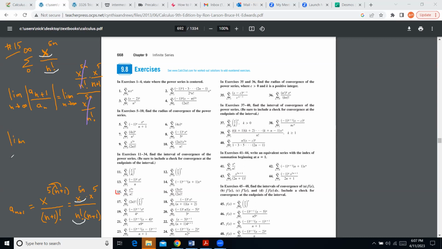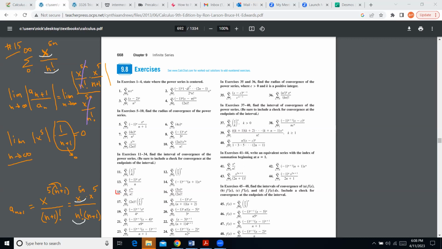So the limit as n goes to infinity of, we used to put the absolute values, x to the fifth, which is some number that does not depend on n, multiplied by 1 over n plus 1, is going to equal 0, because this is 1 divided by something big, and that goes to 0 when n approaches infinity.